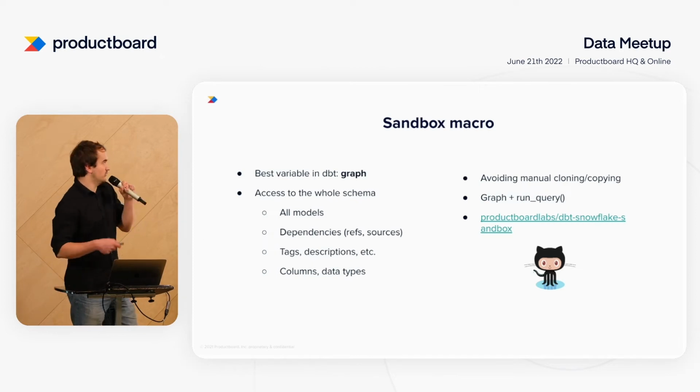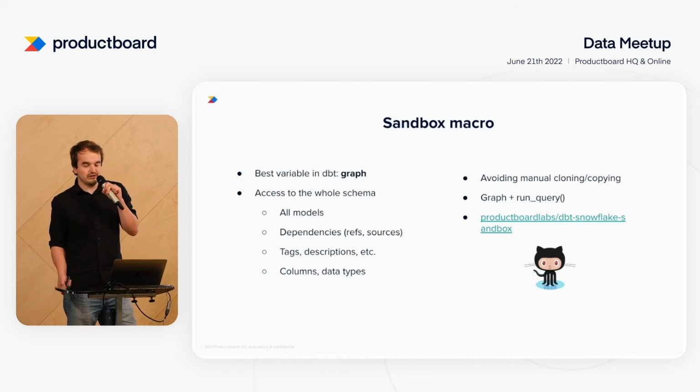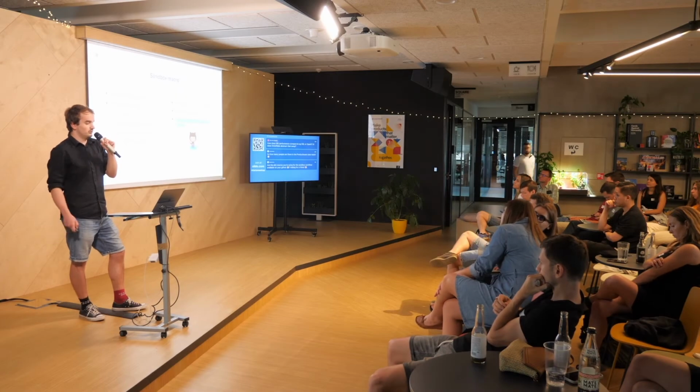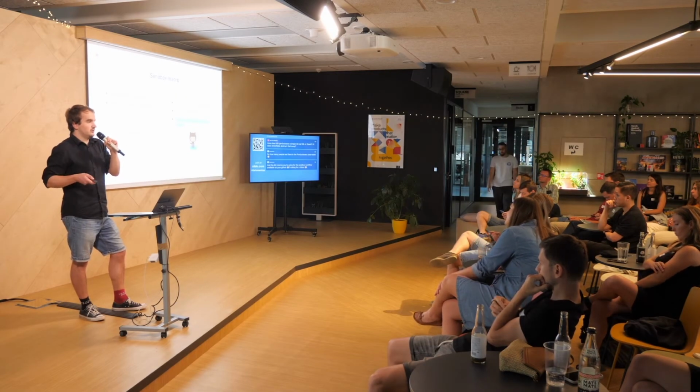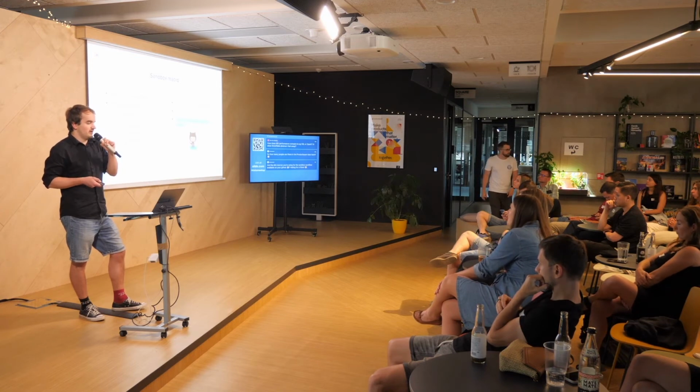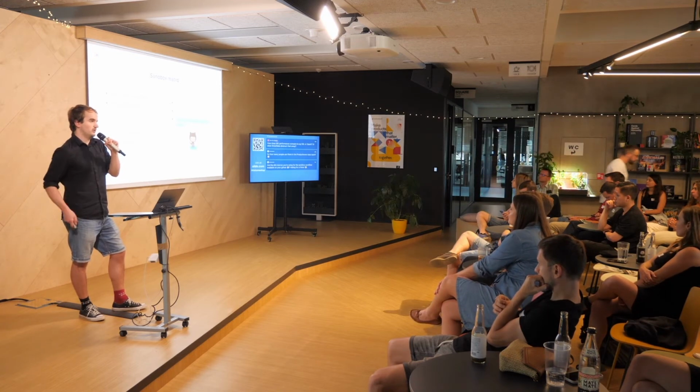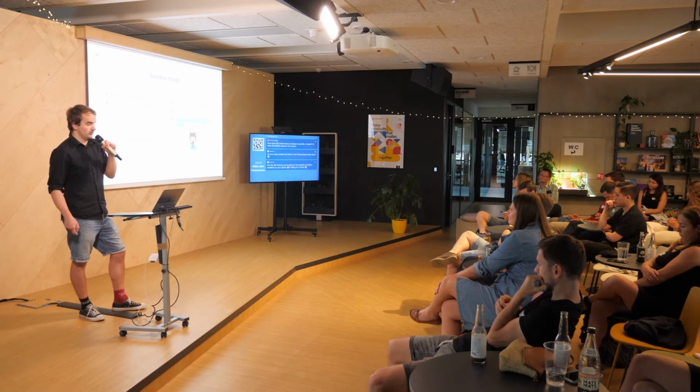And with the combination of the graph variable and the run query macro that can execute custom queries, not only the select statements in your model, I think you can imagine that you can do basically anything you want with or around your dbt models.